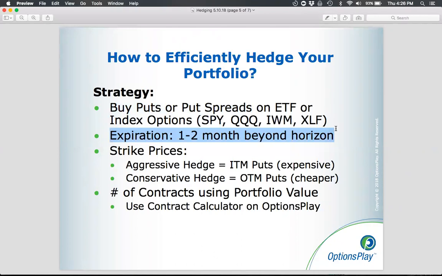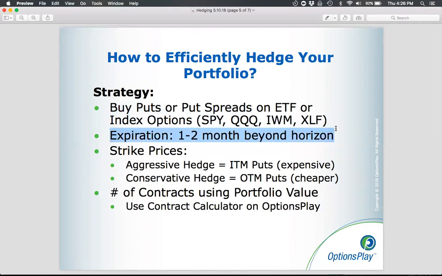Even though it costs a bit more money to buy long-term insurance, if the market corrects in 2 months and you bought a 4-month put, you can always sell the put 2 months into it. And during those 2 months that you're in the put, you're experiencing less time decay because it's a longer dated put. That's why when you're hedging, you generally want to mitigate time decay on your option, and one way to do that is by going a little further out in time.